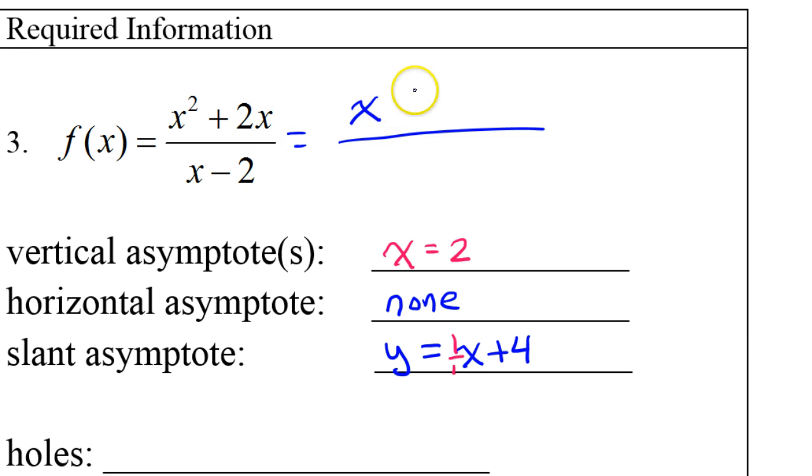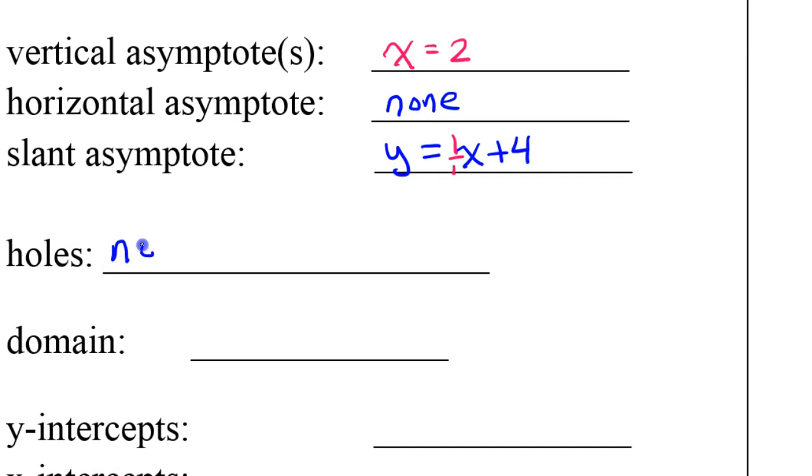So I'll pull that x out front. That will leave behind x plus 2. In the denominator, I have x minus 2. Alright? The x minus 2 will not cancel out anything. So there won't be any holes. Nothing cancels out. So holes, none.